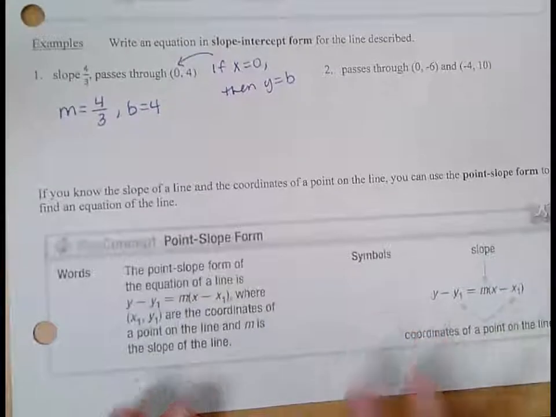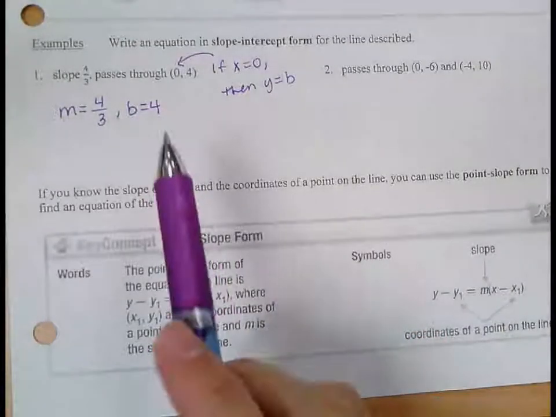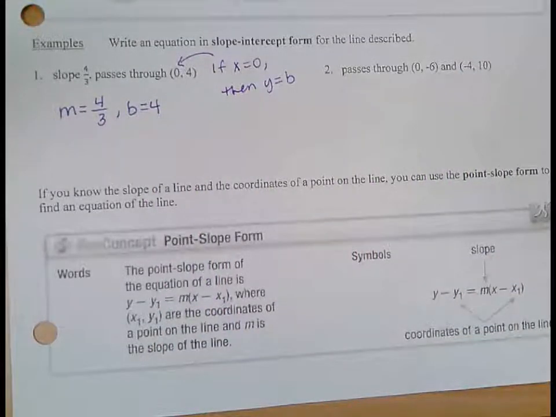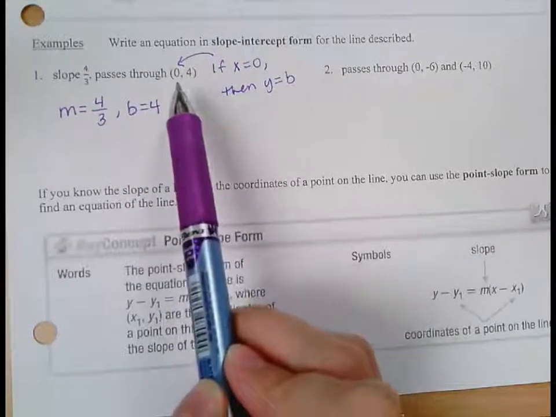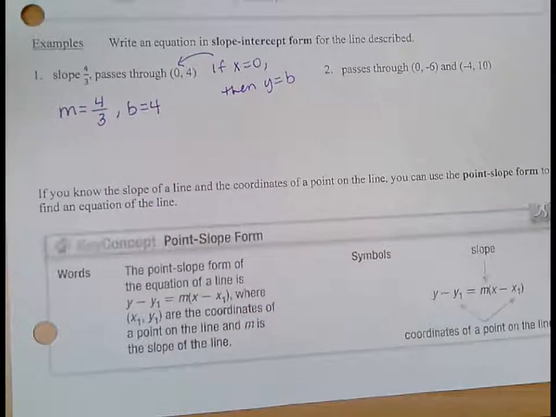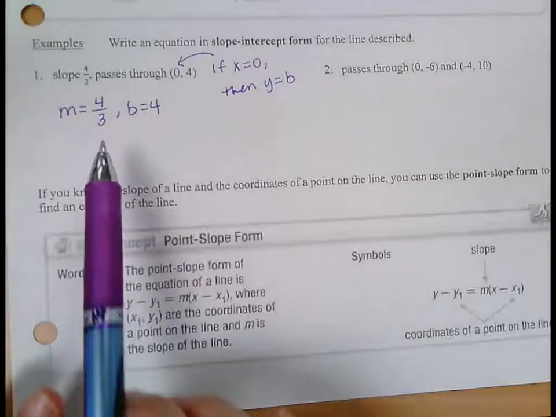Now, if you were saying we needed to find it, we're going to be going through examples where we have the slope and a point that we need to use to find b. You certainly could do that. I'm pointing this out though because if you have a point with 0 as your x-coordinate, you already have b. You don't have to go through the steps to find it if you recognize that you have it.